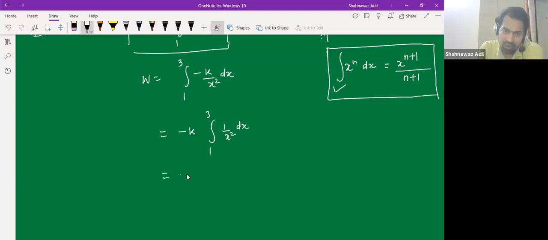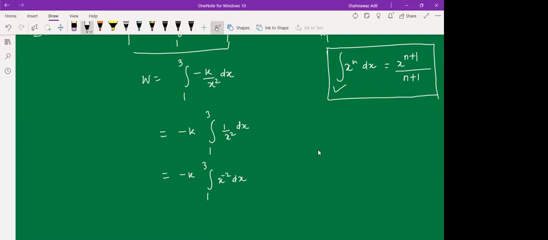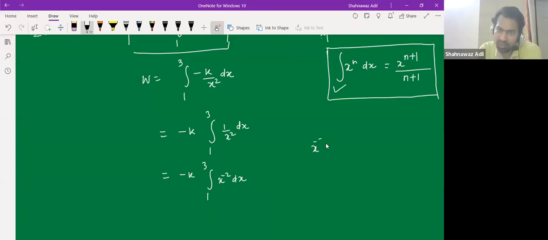How can we write this? This is 1 to 3 and this is x^(-2). So the integration of x^(-2) would be x^(-2+1) divided by (-2+1), right?